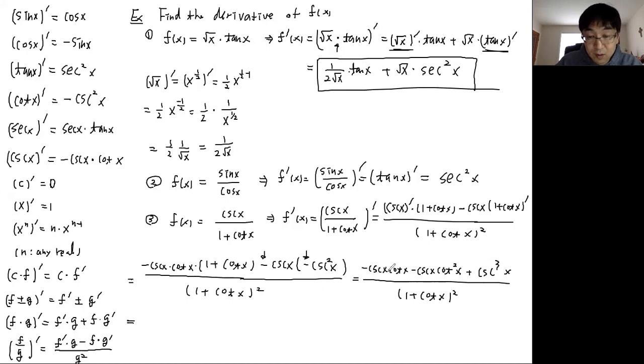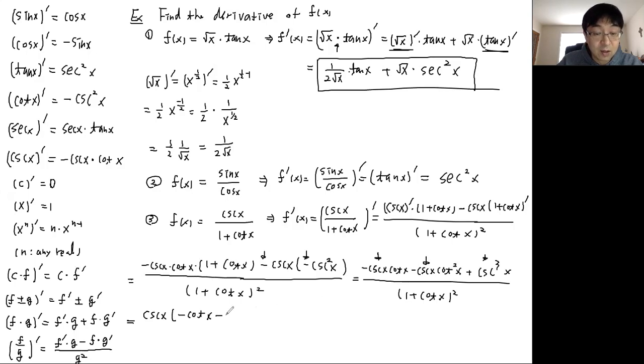The next thing, what's that? We have a common factor, cosecant x. You have to factor out cosecant x. So we have cosecant x times, what's the remaining part of the first term? 1 minus 1 times cotangent. So we have negative cotangent x. Second term, take out cosecant x, the remaining part of the second term is minus cotangent squared.